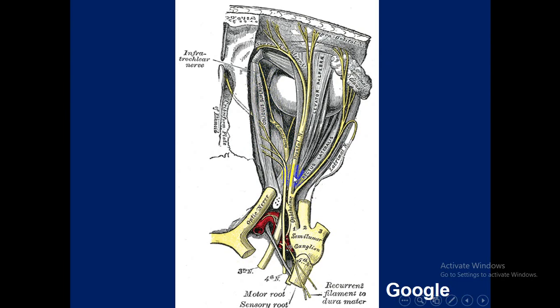So the nasociliary passes through the superior orbital fissure between 2 heads of lateral rectus.